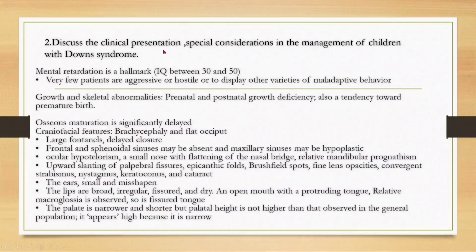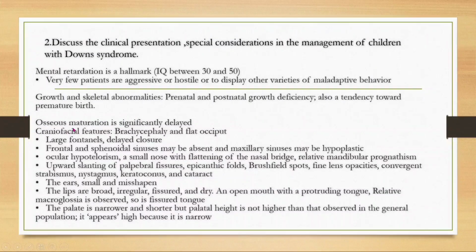So what are the clinical presentations? Special consideration in the management of children with Down syndrome: they have an IQ between 30 to 50. They have growth and skeletal abnormalities, prenatal and postnatal growth deficiency, and also a tendency towards premature birth.